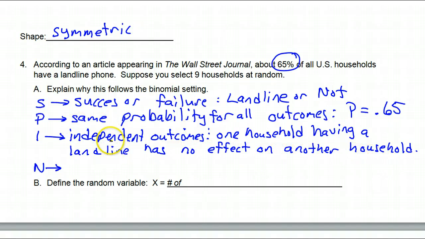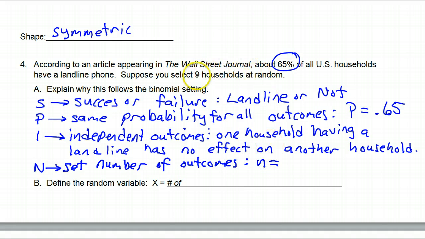Alright, so they're independent. And finally, the N of SPIN stands for there's a set number of outcomes. In this case, n equals 9. For the p and the n, always state what the p and the n are.